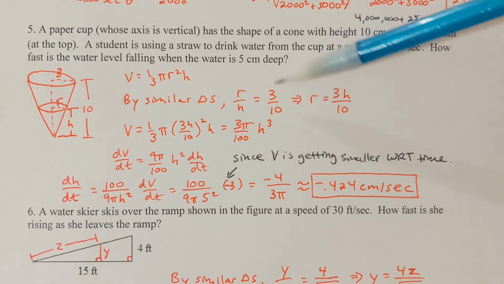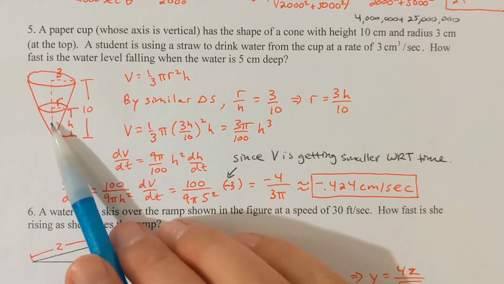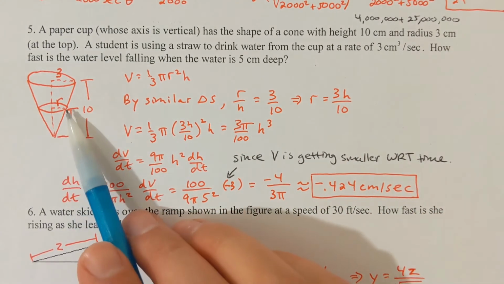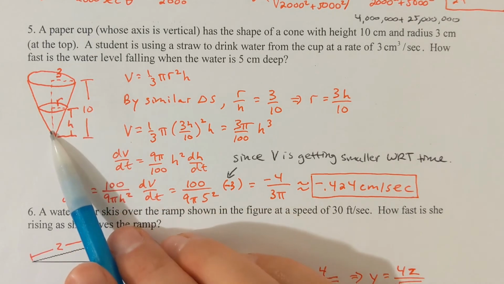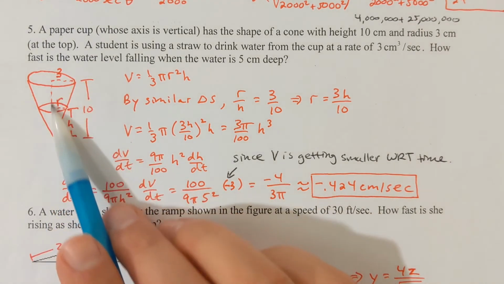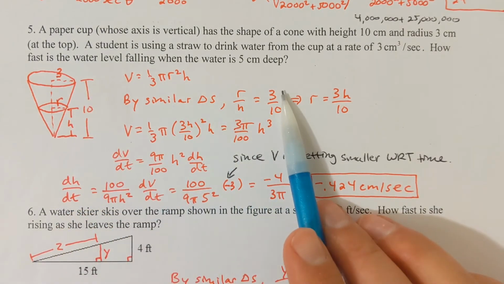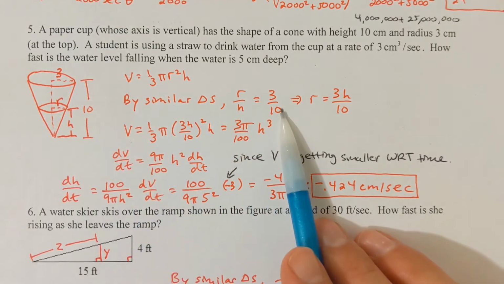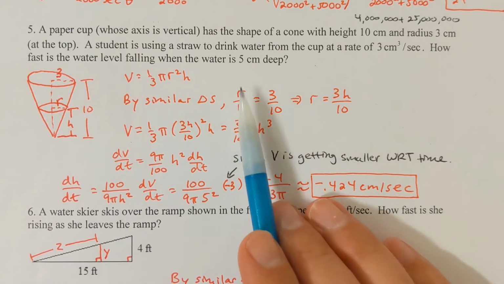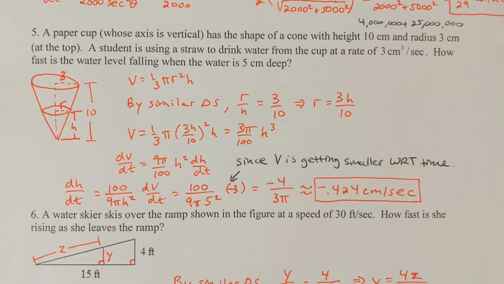The proportion that I'm setting up here is r over h, working with the smaller right triangle. Now, I'd want to match that with the radius and the height of the bigger right triangle. The radius of the cone is 3 centimeters. The height of the cone is 10 centimeters. Now make sure that in a problem like this, you match the radius with the radius, the height with the height, for the two different triangles there.